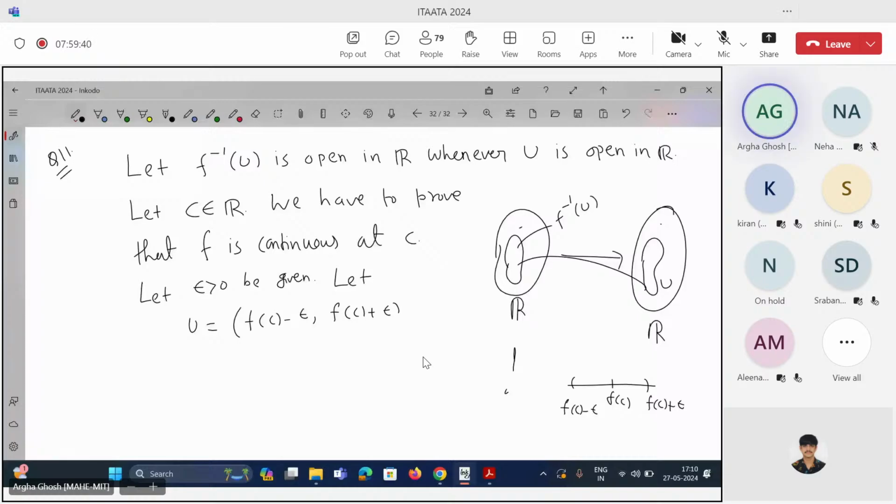Okay. So by assumption, F inverse U is open, correct?